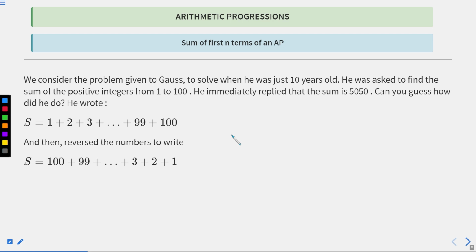So S is equal to 100 plus 99 plus 98 plus 97 plus 96 plus dot dot dot plus 2 plus 1.